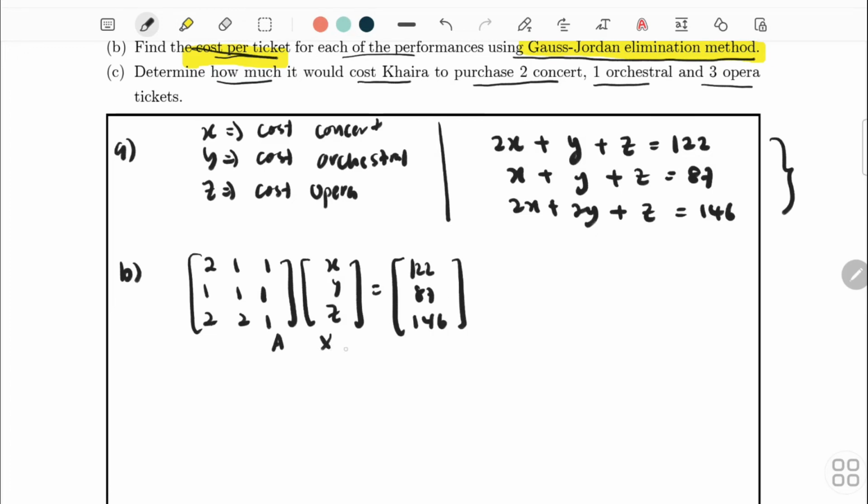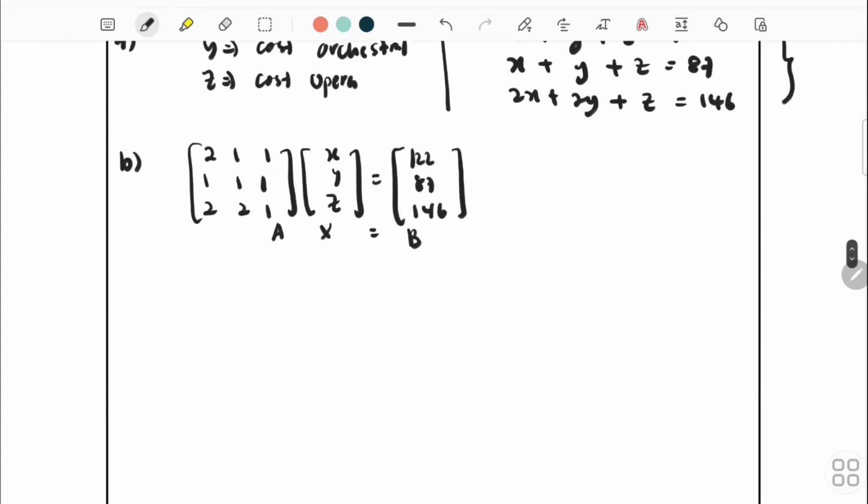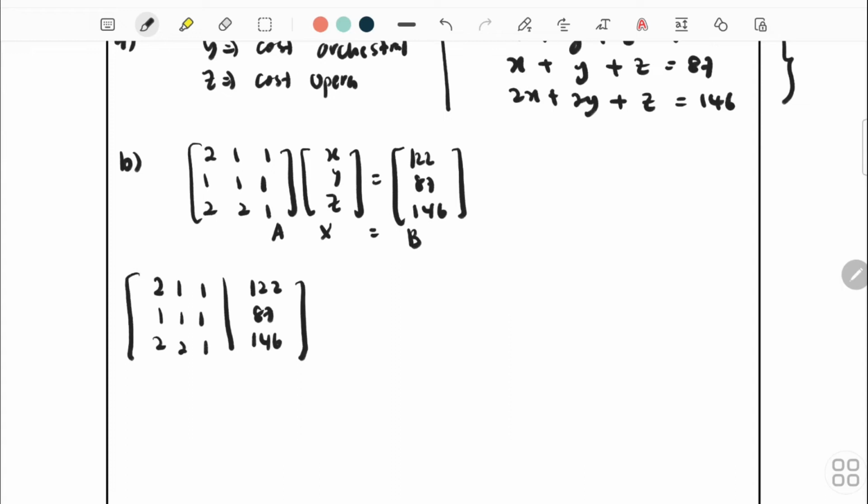This is in the form of AX equals B, and we rewrite it as the augmented matrix A augmented with B.